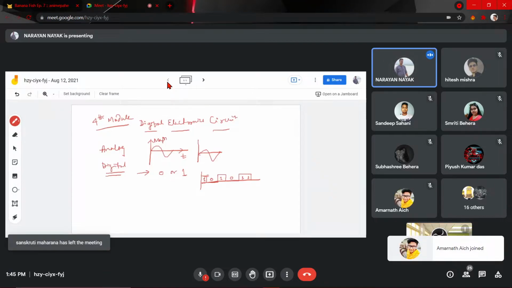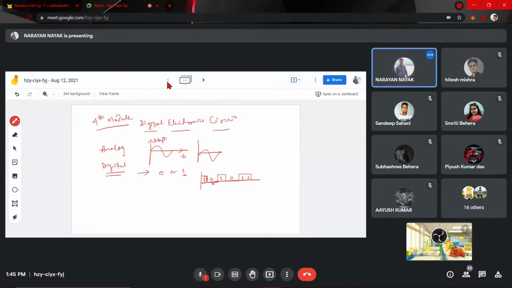So 1 means some signal is present, 0 means no signal. So the digital signal we represent as 0 or 1. There are different methods to design the digital signals, and you study that in the next semester.